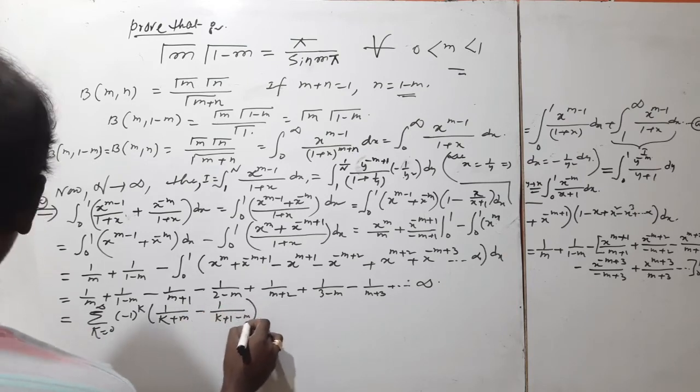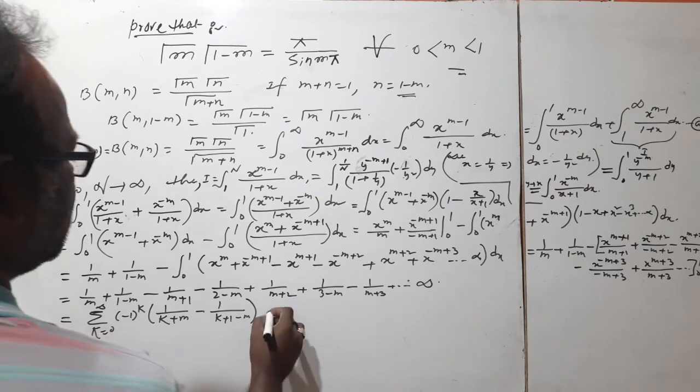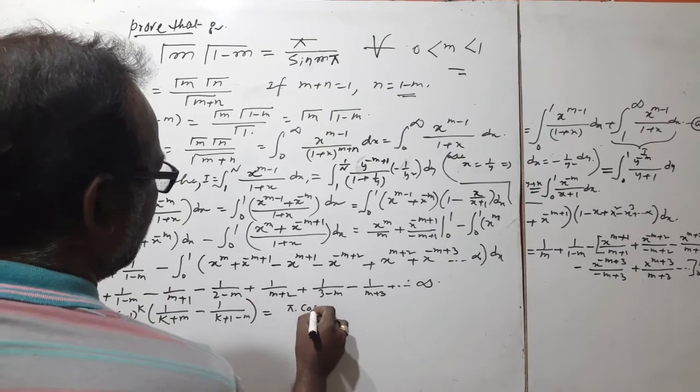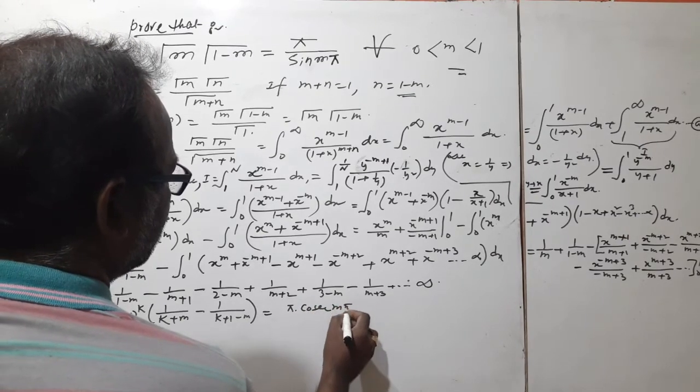And that is the expansion of the formula, that is pi into cosec m pi.